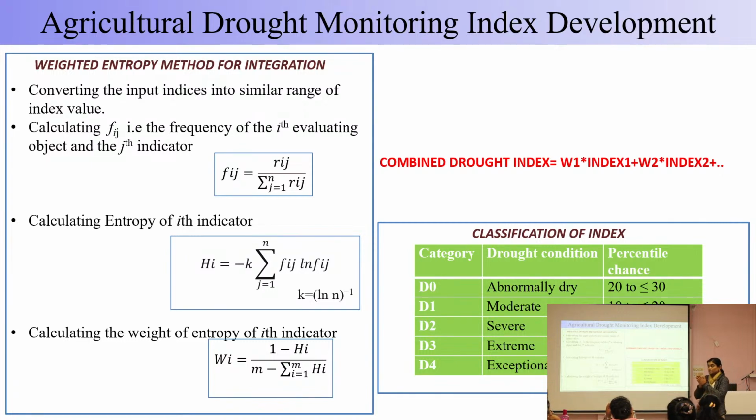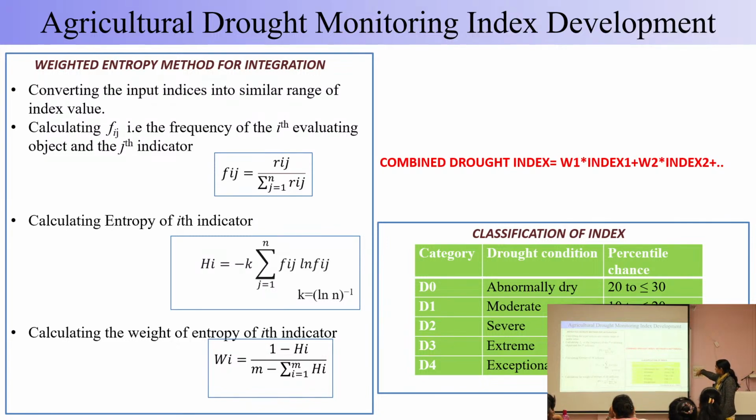Now we need to classify them into categories, because every index is best understood if you put it into a bin category. Instead of saying my index value is -2, which nobody understands, if you put it into a category, like -2 means extreme and -1.5 means moderate, people will understand better. So we categorize into abnormally dry, moderate dry, severe dry, like that.